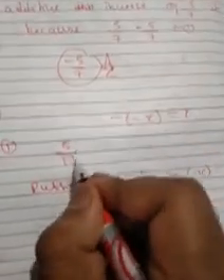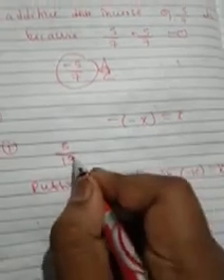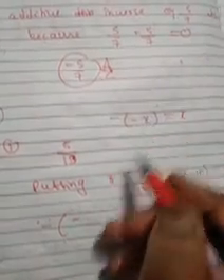The minus signs cancel out, it will become plus 5 upon 19.